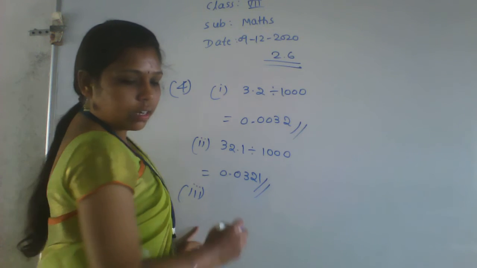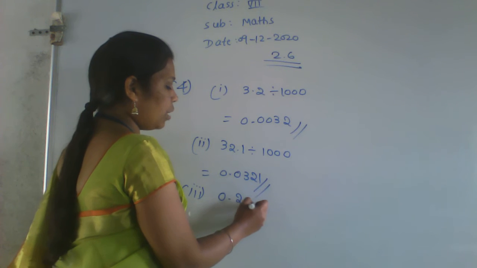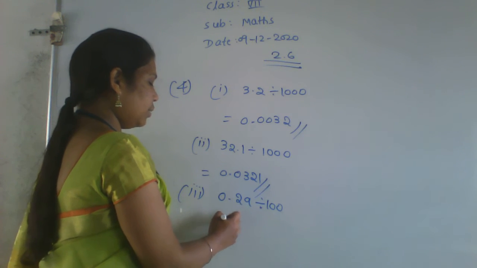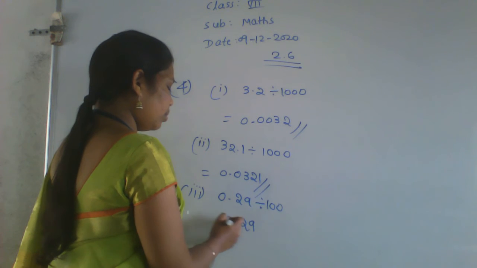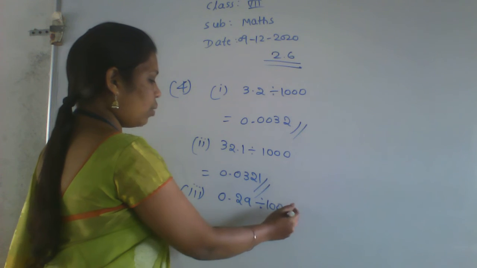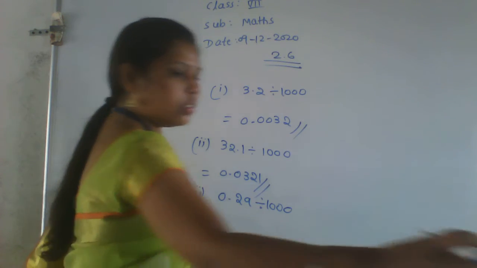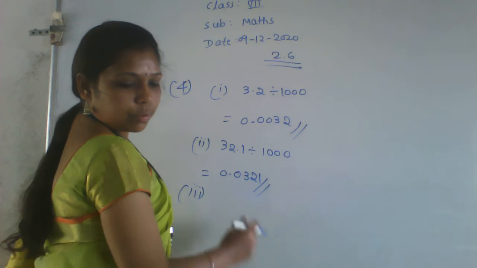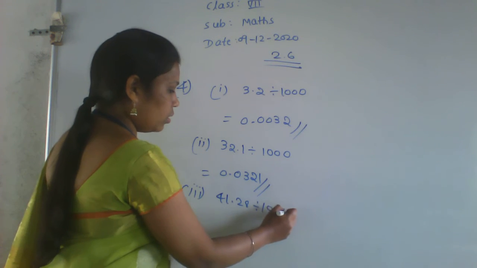Next, the third problem is 41.28 divided by 1000.